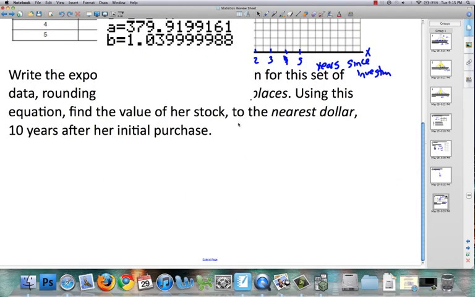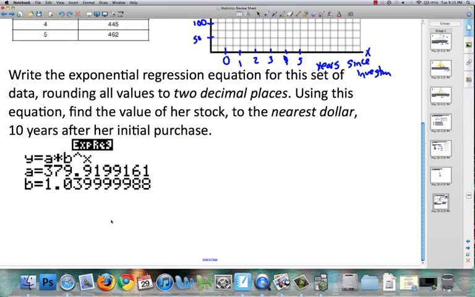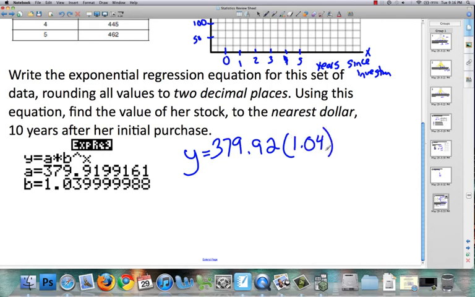Okay. So here is our exponential regression equation. I'll rewrite that out. Y equals, and it says round all values to 2 decimal places. So A is 379.92 times B, which would be 1.04 raised to the x.